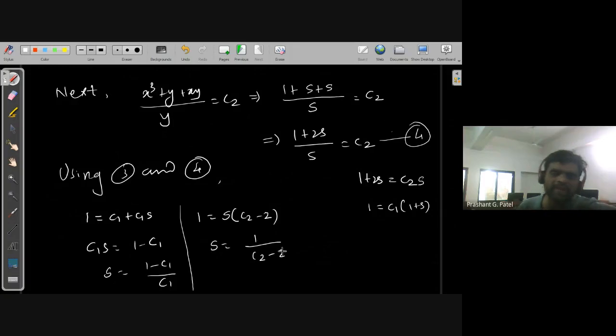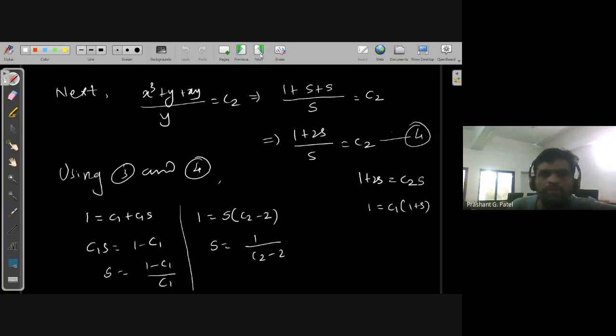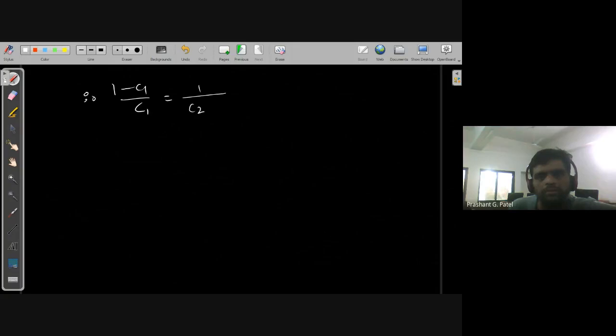Both these s values are equal. Therefore we'll have 1 minus c1 upon c1 is equal to 1 upon c2 minus 2. Simplifying this, we'll have 1 minus c1 into c2 minus 2 is equal to c1.